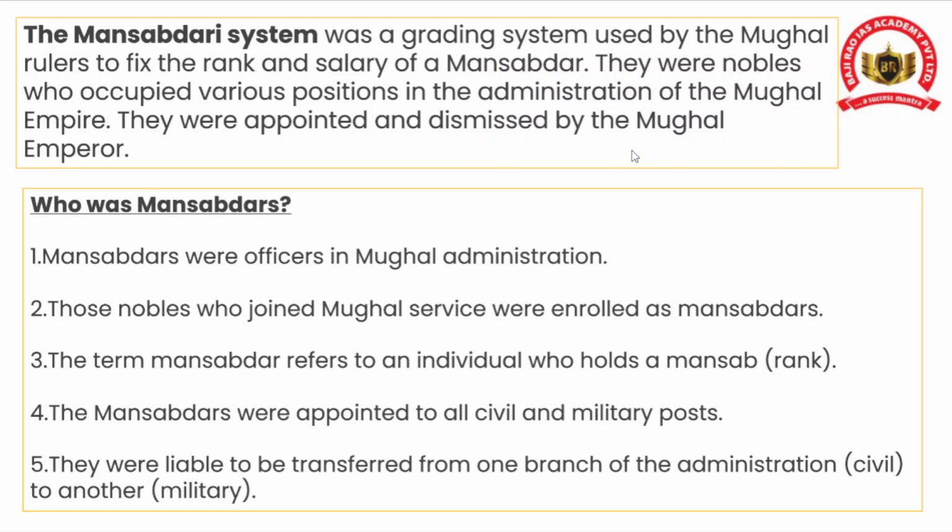They were usually nobles and they occupied various high positions in the administration of the Mughal Empire. They were appointed and dismissed by the Mughal emperor himself. So the Mughal emperor had direct control over these Mansabdars, and could appoint or dismiss them.